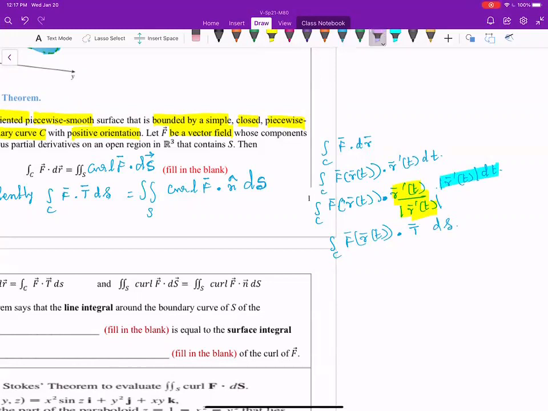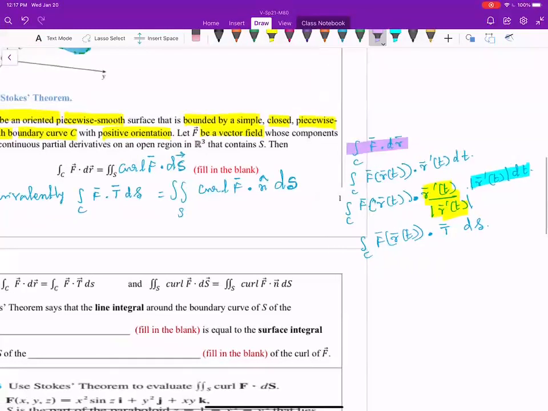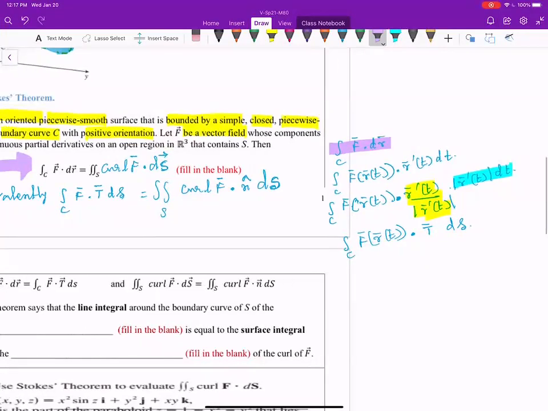So we actually proved that the left-hand side of Stokes' theorem is equivalent to writing the integral of F dot T ds. We can write it like this, the integral over C of F dot tangent ds.